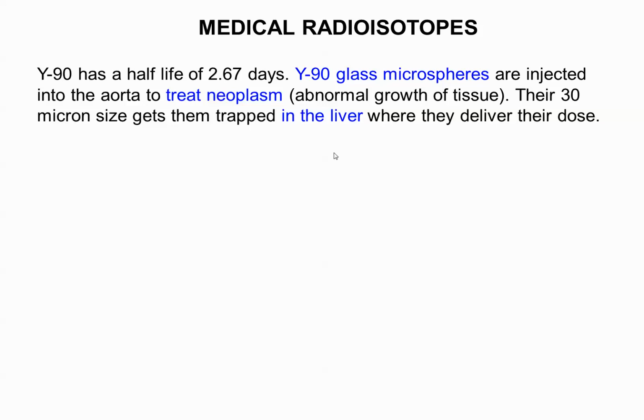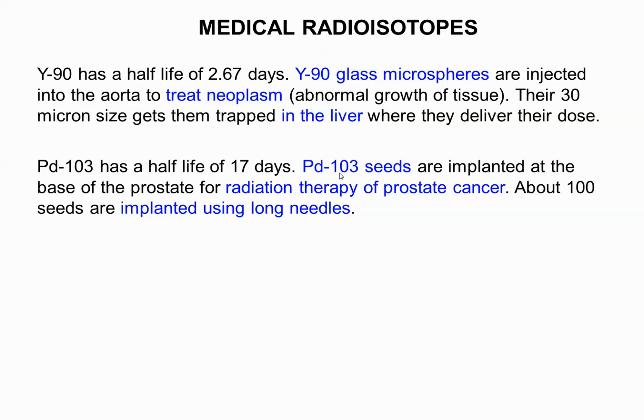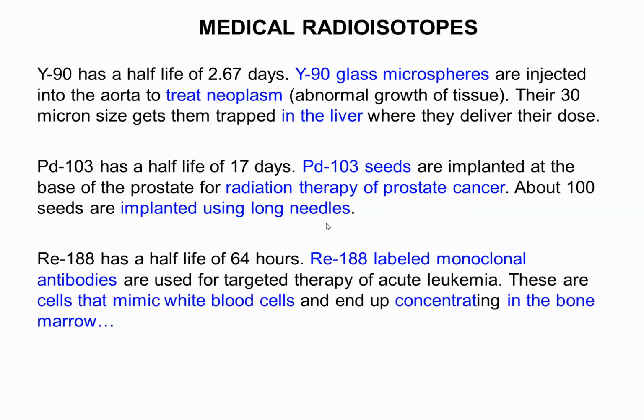This is for liver cancer therapy. Another application, palladium-103 seeds are implanted into the base of the prostate for radiation therapy of prostate cancer. Many of these seeds are implanted using long needles implanted into the prostate.